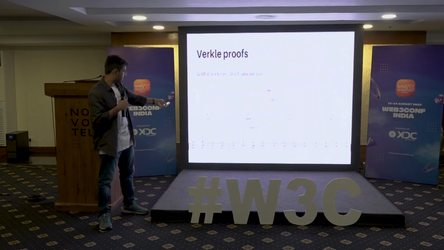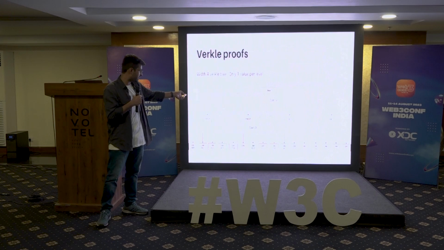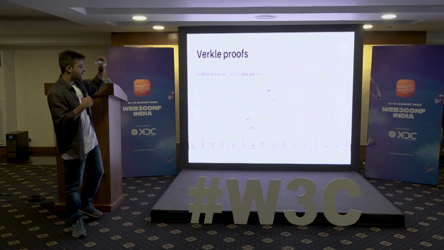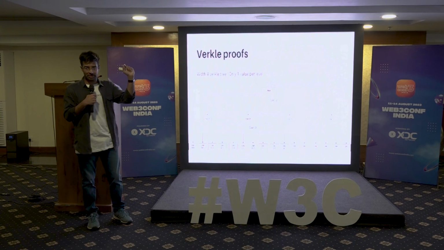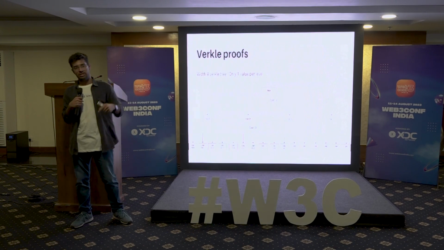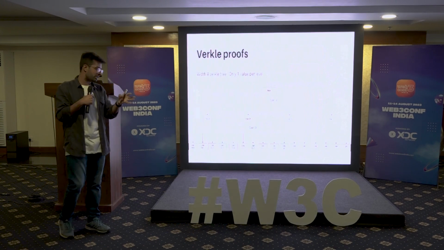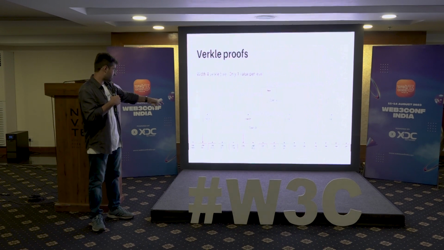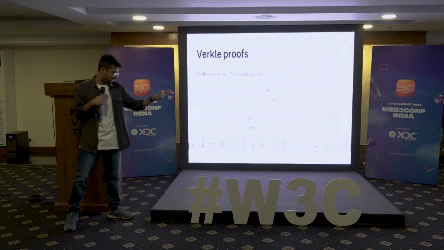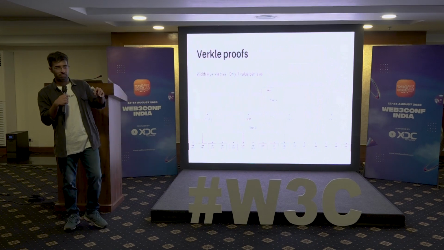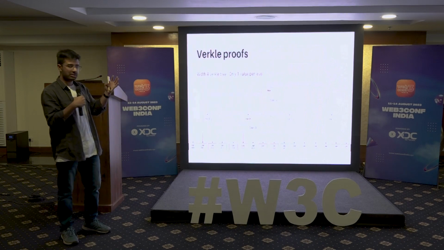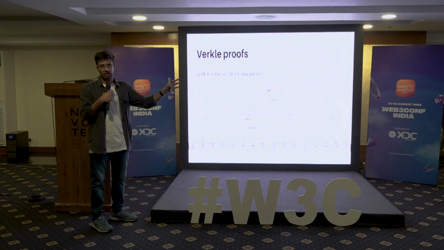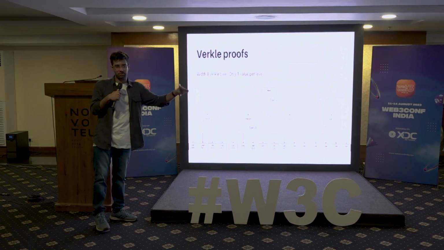So the value which is in red, the inner node 0,1, which is the parent of these nodes, contains the vector commitment. It does not contain the hash of the children, but it contains the vector commitment. And the vector here is basically the child elements, the leaves 0,1,0,0, 0,1,0,1, and so on. All those 4 values below it are part of this commitment. And similarly, the root contains the vector commitment for all these 4 inner nodes.